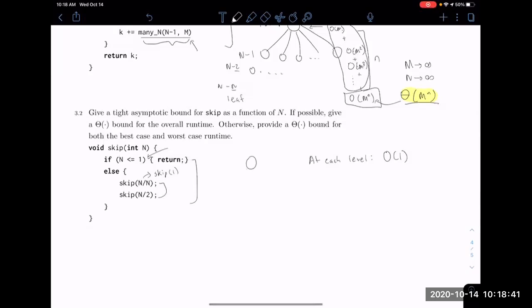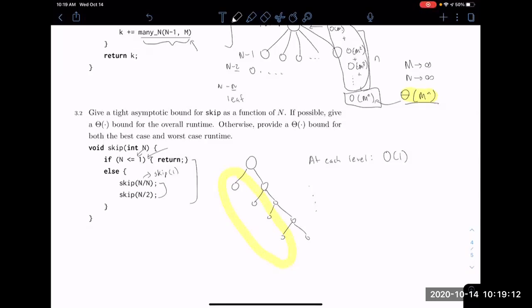So our tree kind of looks like this. We have this, and then we have this, and then we have this, and so on and so forth. And these nodes are only constant time operations because we just immediately terminate here. So we can just ignore them. All we really need to do is look at the height of the total tree.